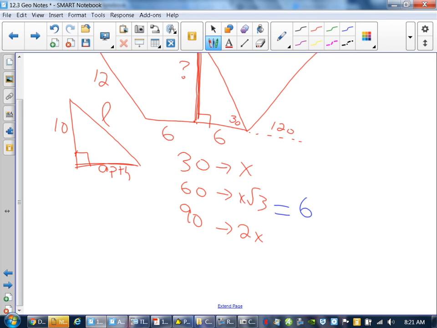So in your calculator, you have to take 6 divided by square root 3. If I'm not mistaken, I think you get 2 root 3. So that means across from the 30 is 2 root 3, which means that is my apothem.